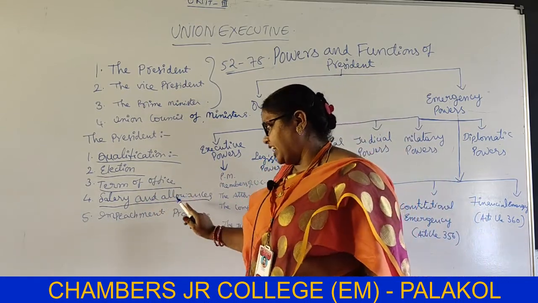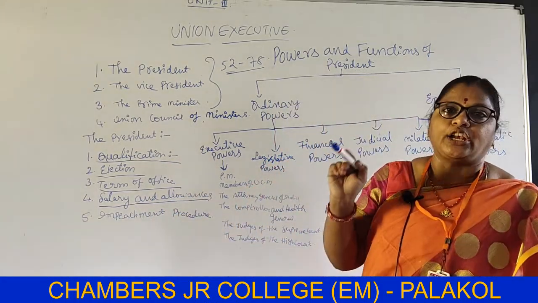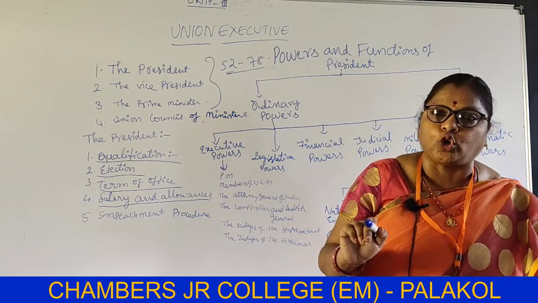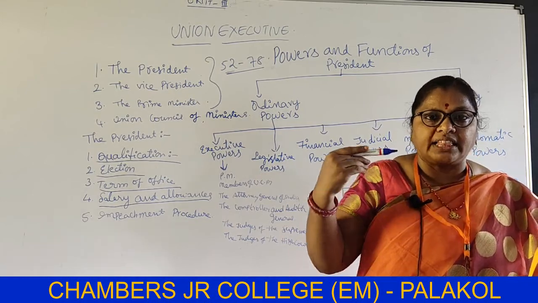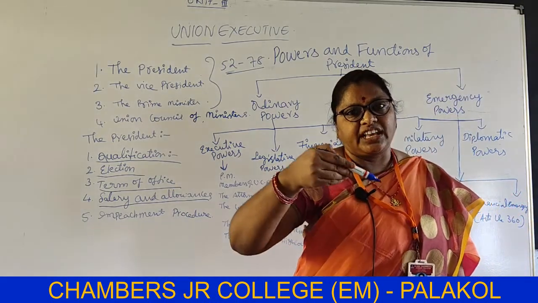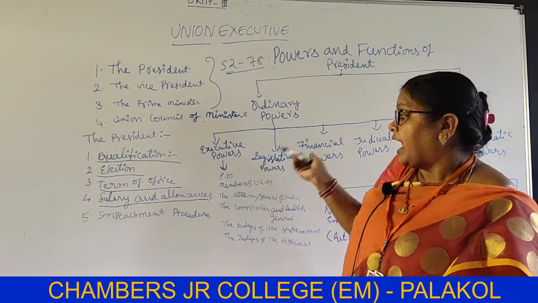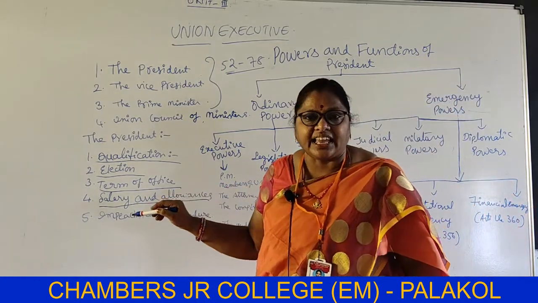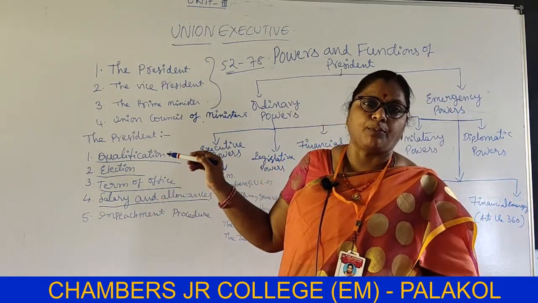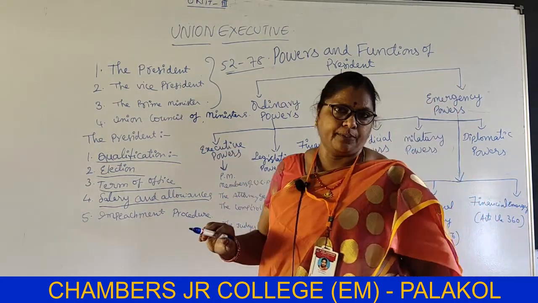Once again, he gets a salary of 1,50,000 per month and 22.5 crores every year for expenditure to attend meetings and for everything. And he resides in Rashtrapati Bhavan, in New Delhi.